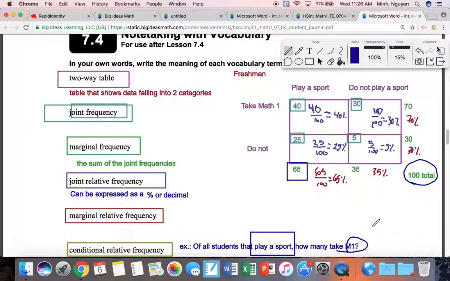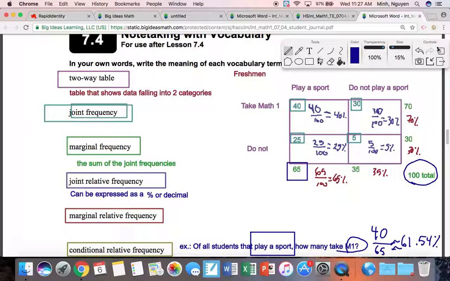So say 40 out of 65, and that's how you set up the ratio, 40 divided by 65 as a decimal percent. It's about 61.54%.